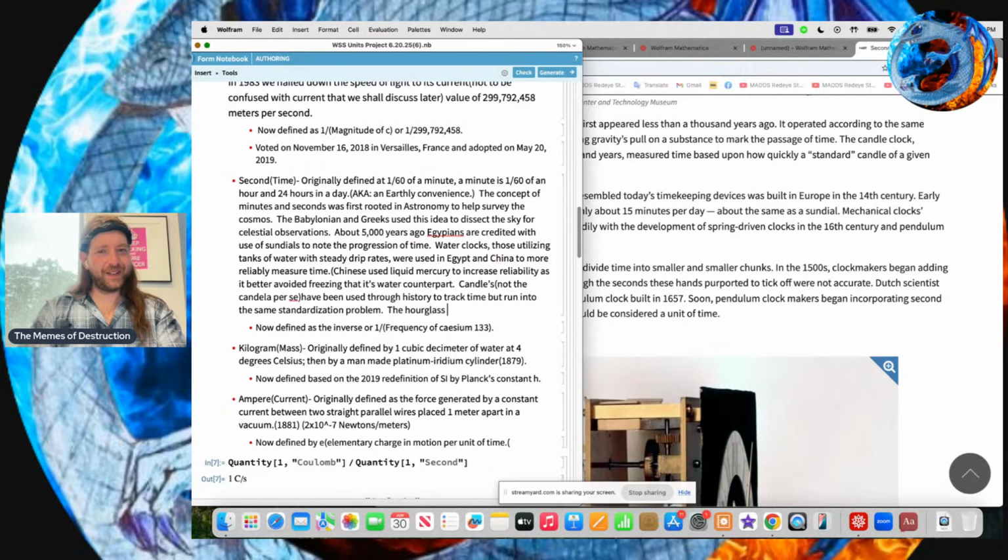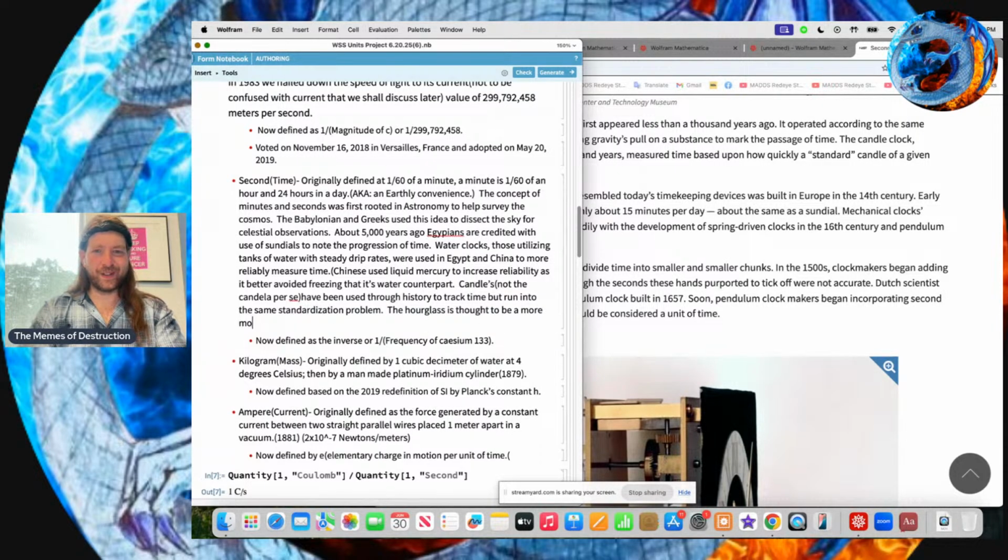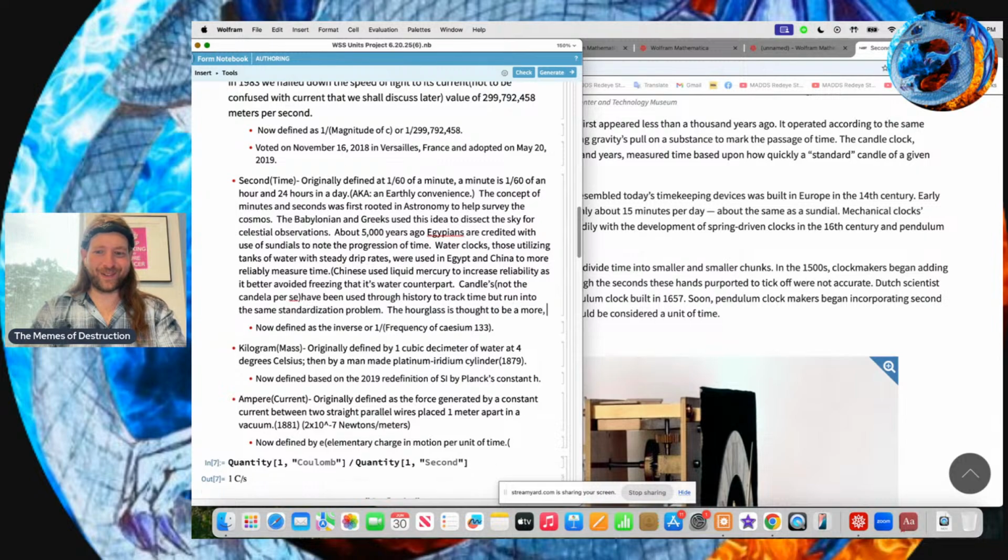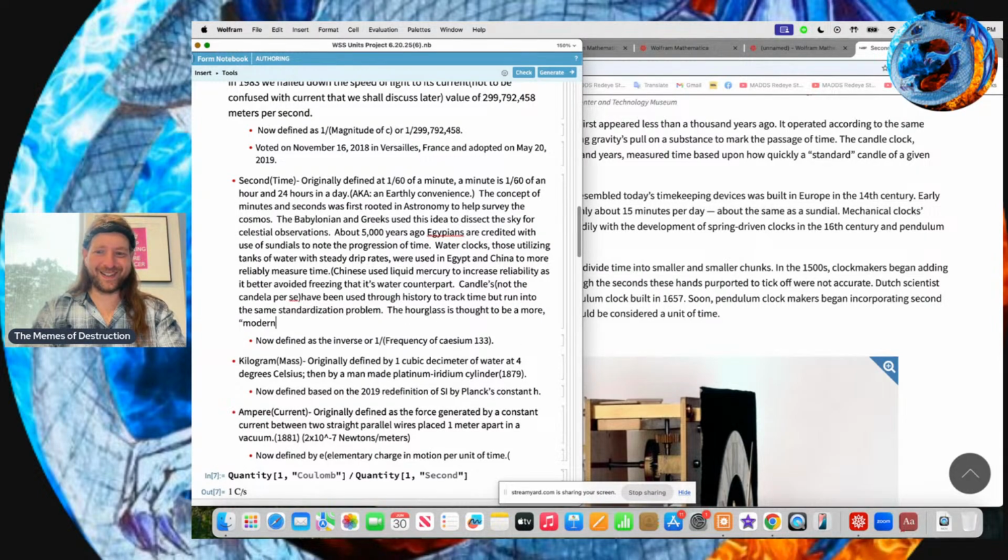The hourglass is thought to be a more, I gotta use quotes, modern accounting method arising in the past millennia.